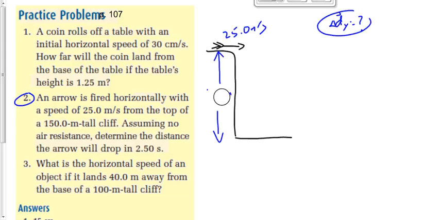So I'm actually going to scratch that out there. I'm going to say that the arrow is going to end up here after 2.5 seconds, and we're looking for the y displacement like this. Does that make sense what I've done with my picture there? That's a tricky question, hey?